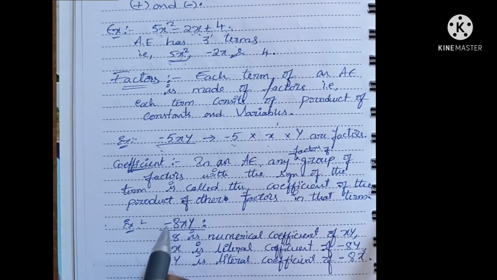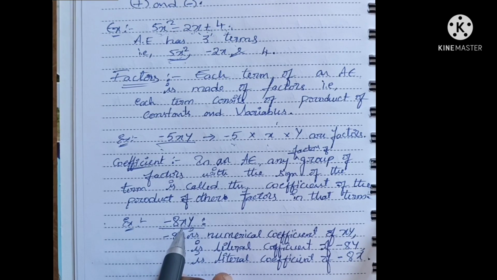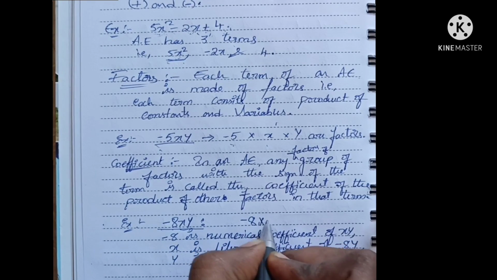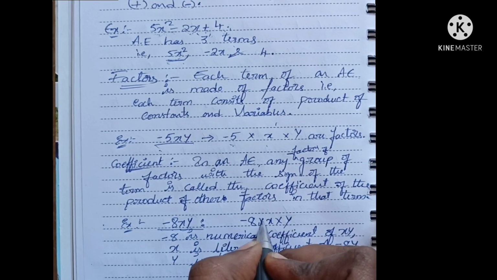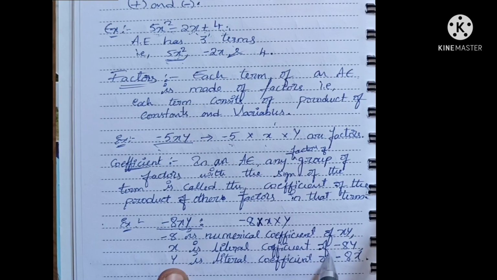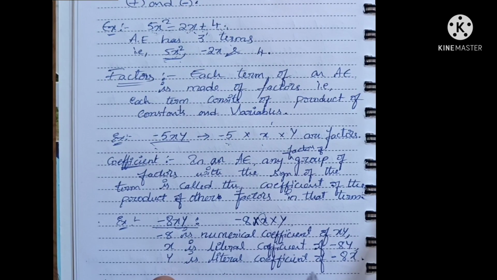Minus 8 is the numerical coefficient of x and y. And x is a literal coefficient of minus 8y. Y is a literal coefficient of minus 8x.